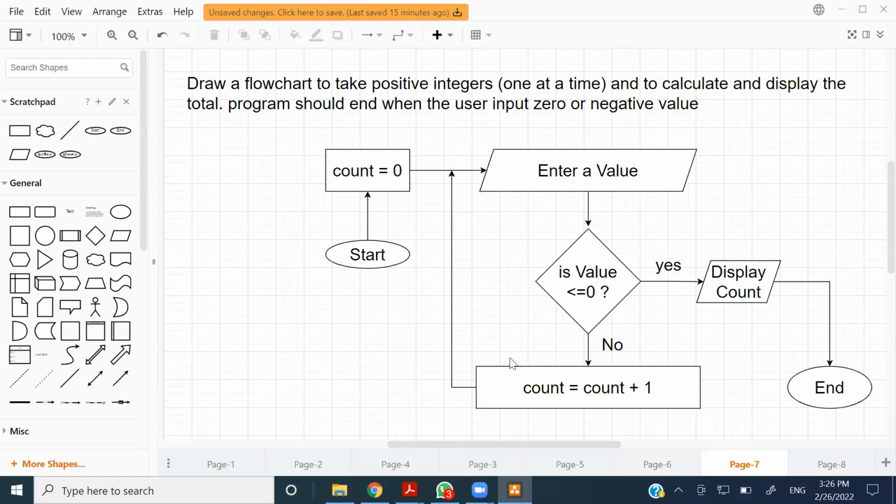In the iteration we update the total, and once we exit the iteration, we display the total. If we display the total inside the iteration, we are going to see many totals, because for each and every iteration it's going to show you a total. Sanditi, are you getting that?